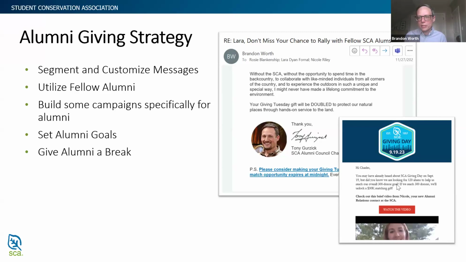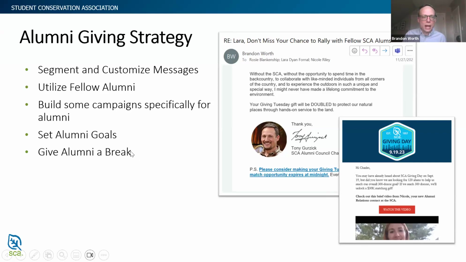It's probably a little hard to see, but the email message on the right is one that came from our head of alumni engagement, whose photo is a little bit cut off, but that was a video that she shared in an email with some text that was similar, doing some cultivation leading up to our Alumni Giving Day and announcing our alumni goal and how important it was to have alumni help us reach that goal for just the overall health of our programs.